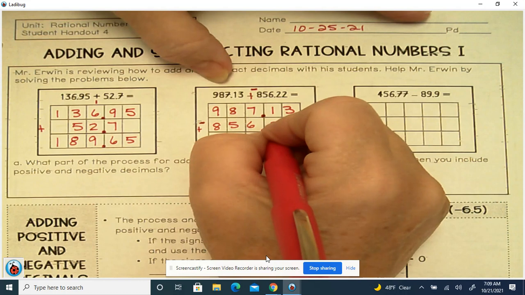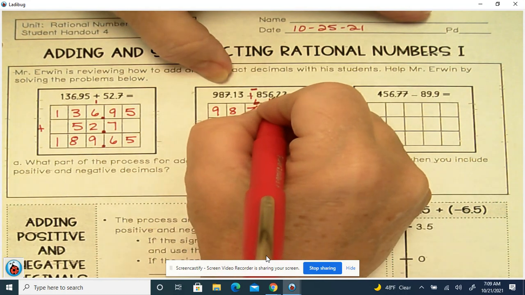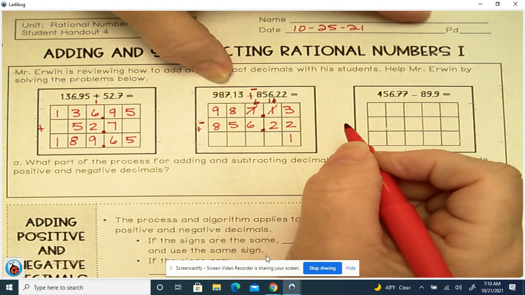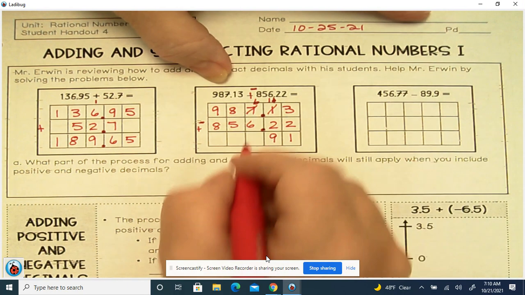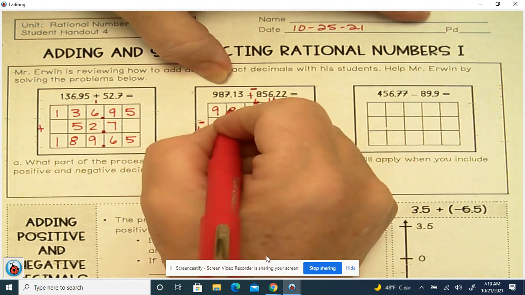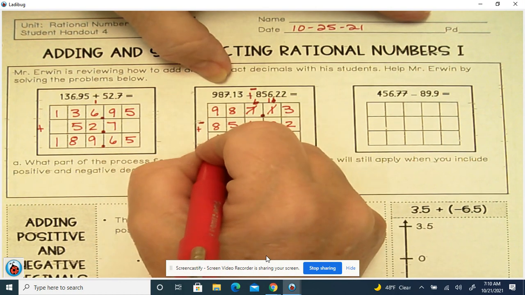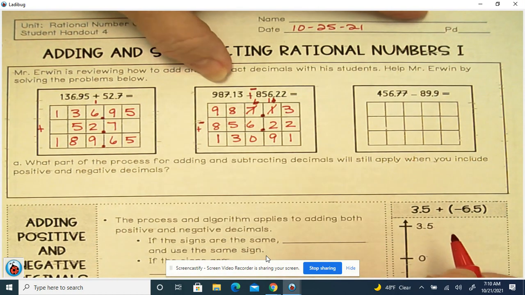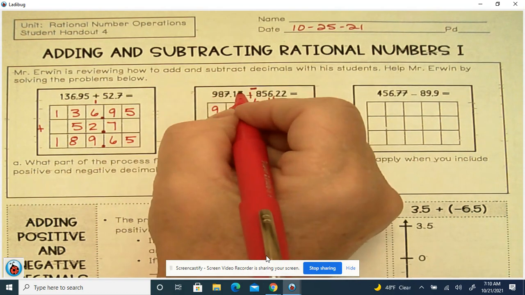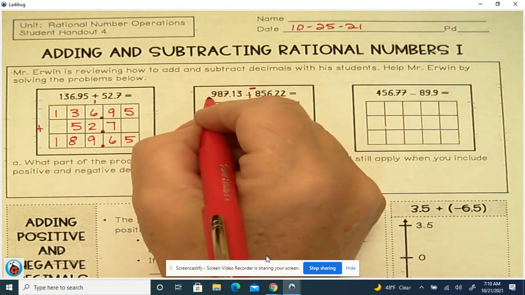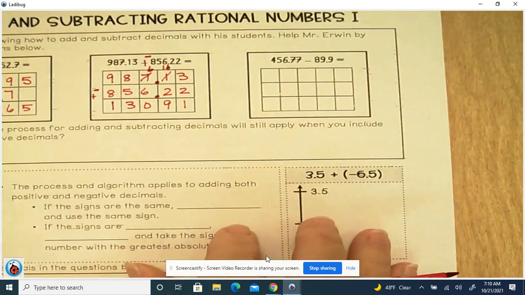We can't take 2 from 1, so we're going to borrow from the 6 and add the 10 over here. So 11 minus 2 is 9. 6 minus 6 is 0. 8 minus 5 is 3. And 9 minus 8 is 1. And our absolute value is the positive, so it stays positive because 987 is further away from 0 than 856.